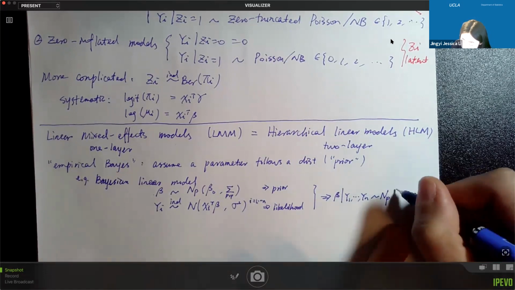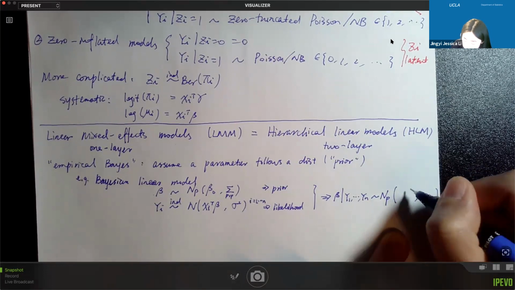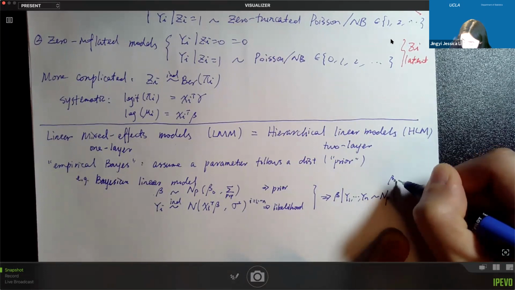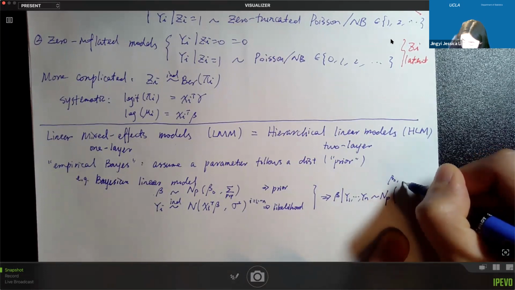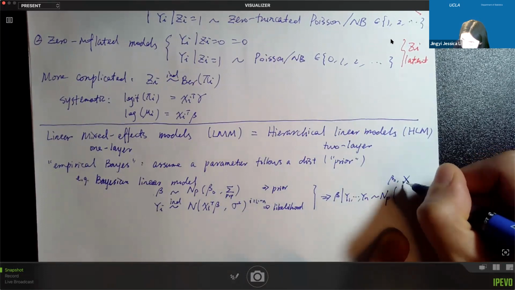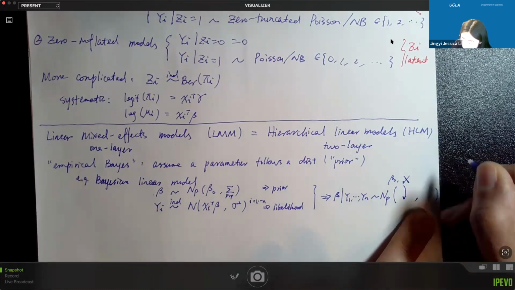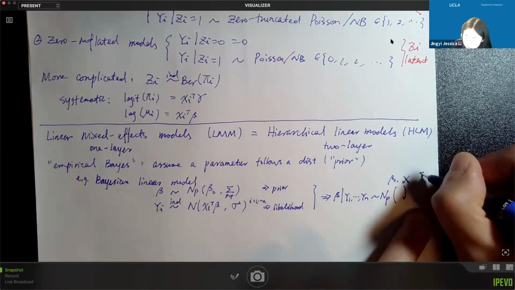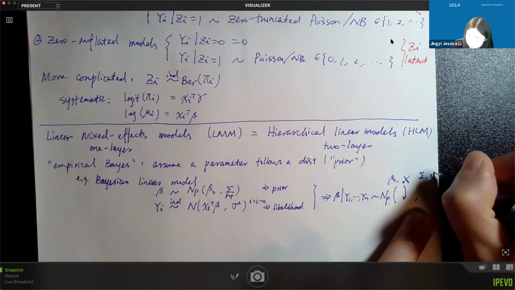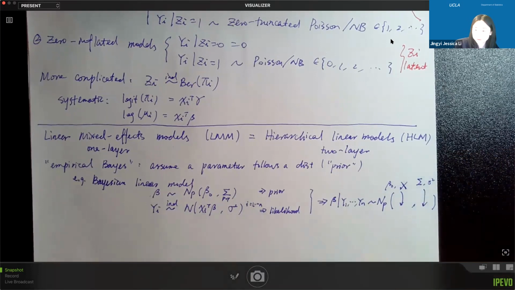But now the mean and the covariance, so the first term will depend on beta 0 and x, the design matrix. So both will go into the first term for the posterior mean. And also for the second term, the prior covariance sigma and your noise variance sigma squared, they will both go into the second term for the posterior covariance matrix. So I'm not going to give the detail, but that's the essence of the Bayesian linear model.